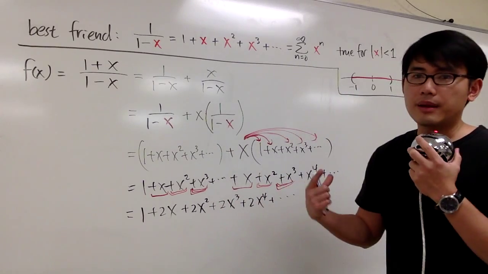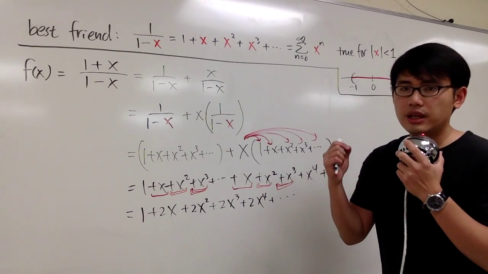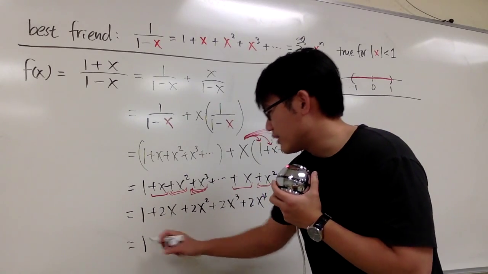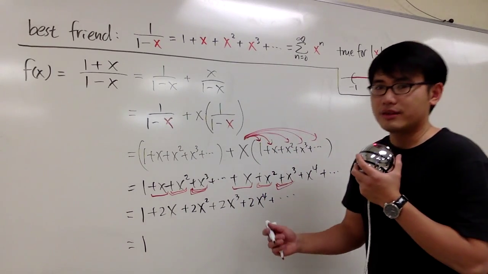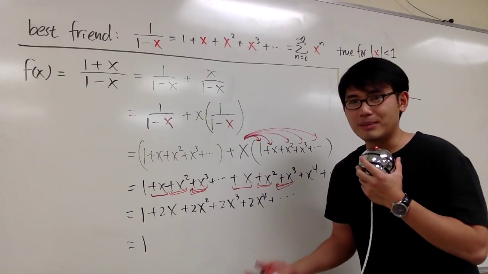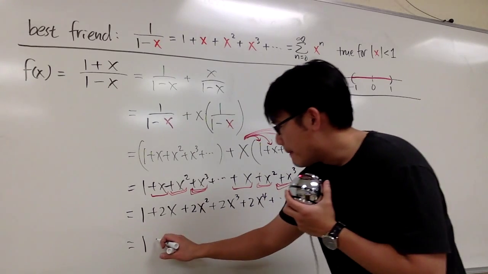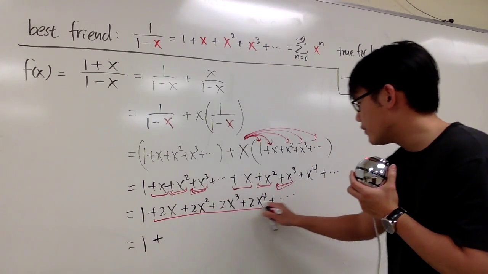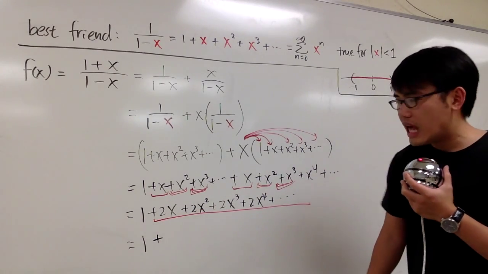Now let's see how we can put them together into the sigma notation. The 1 is just kind of on the outside, so let me put a 1 on the outside. And this is pretty much the answer in the back of the book, okay? I will write down 1 on the outside plus a sigma notation for all these terms.